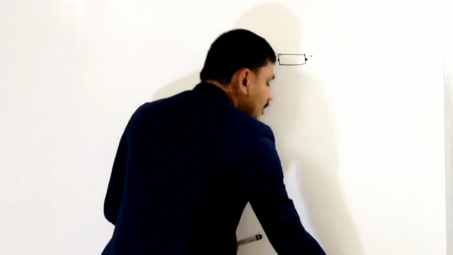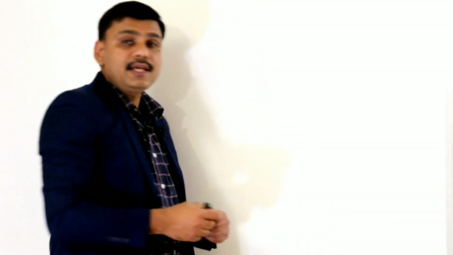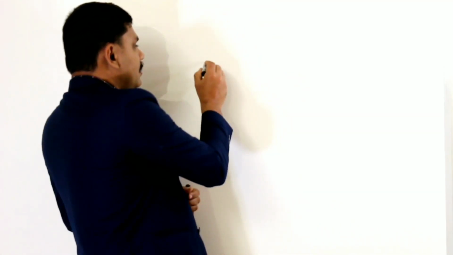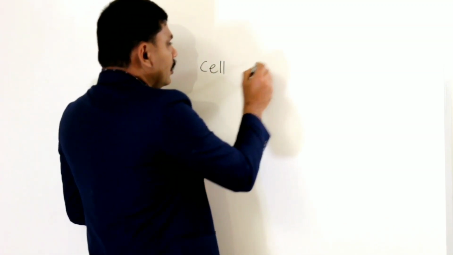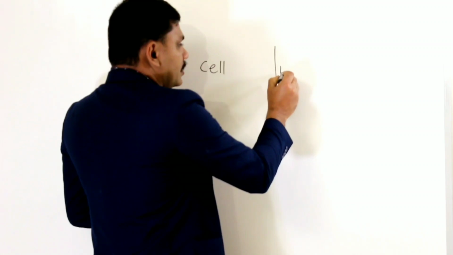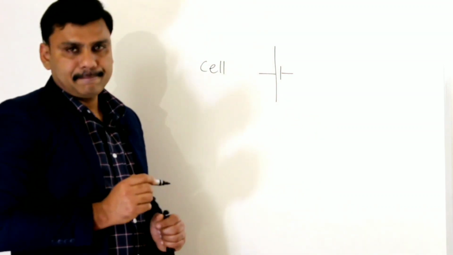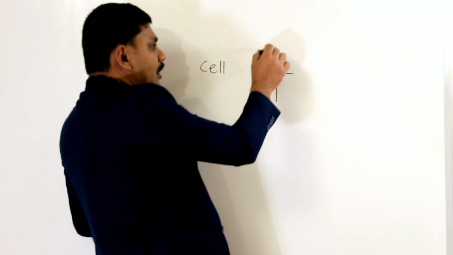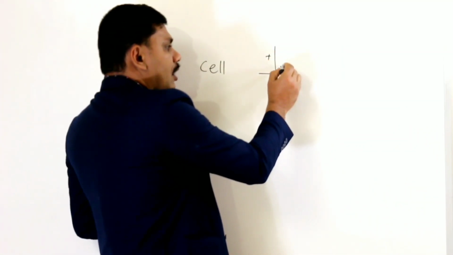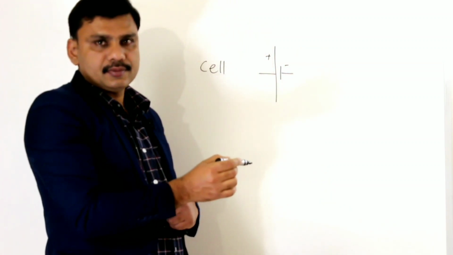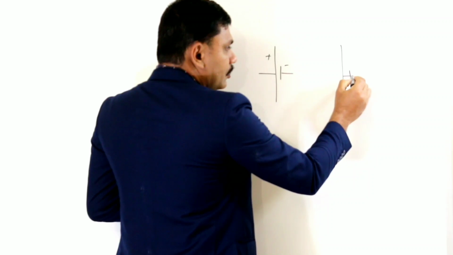In electricity we are using only symbols. So for a cell, how will you represent it? Like this. This is the symbol of a cell. The longer line is plus, the shorter line is minus. Don't draw like this, it is wrong.